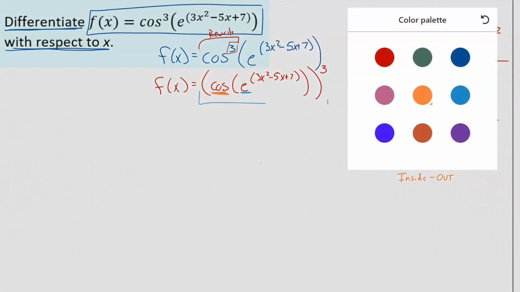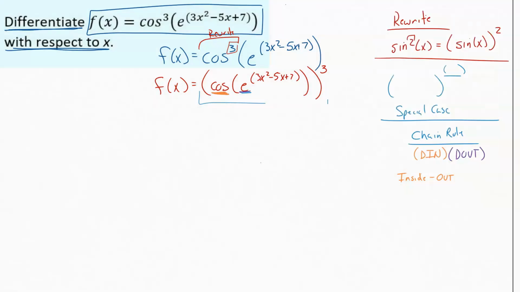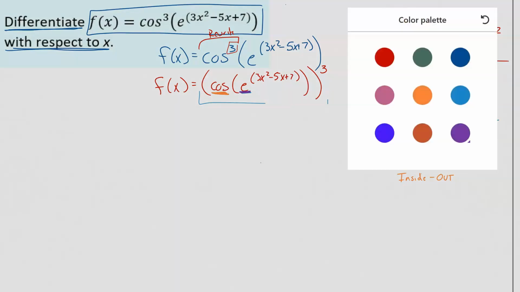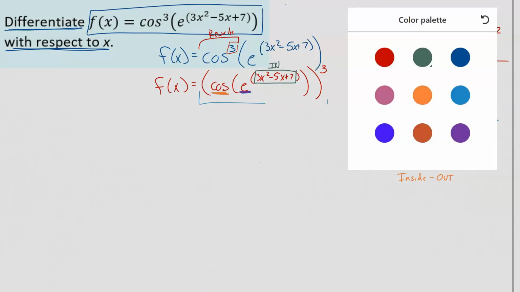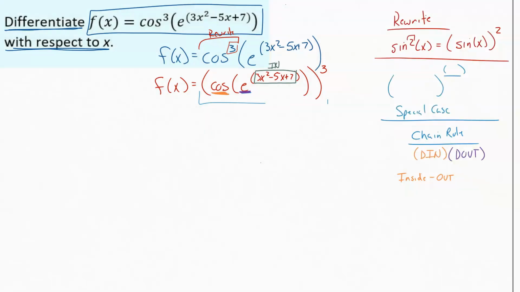But then inside that cosine function, we have this e function. But then inside that e function, we have this 3x squared minus 5x plus 7. And so what I do is I go to that insidemost piece and I start working my way from the inside out. As I do this, you just make the derivative as you go.